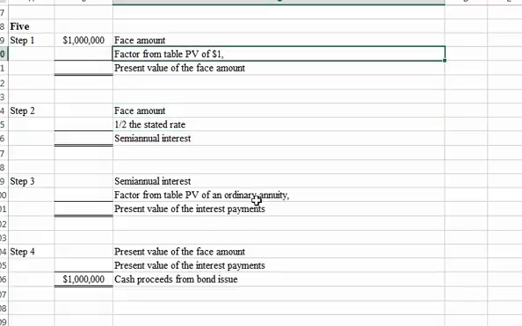So here, we're dealing with 20 years semi-annually, so 40 interest payment periods at, okay, the market or effective rate was 12% for a year, so it would be 6% every 6 months.